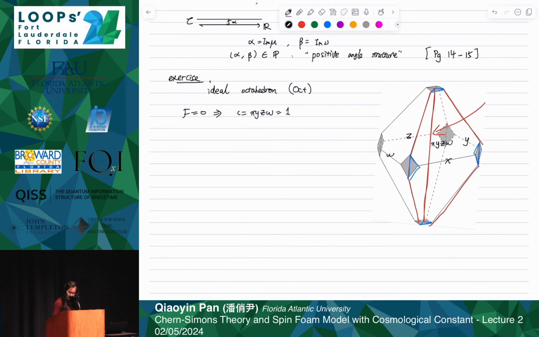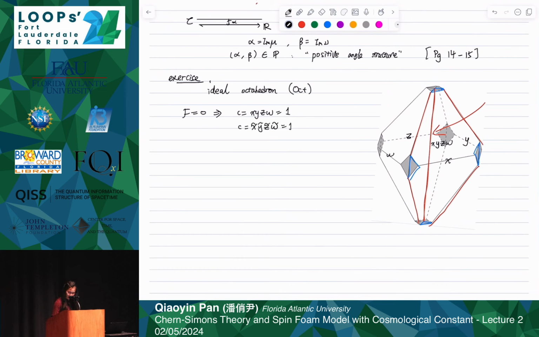I will also have the bar version, the complex conjugate version of it. But since I analytically continue mu to be a complex number, the z bar, if I define it in the same way as before, is no longer the complex conjugate of z. So instead of z bar, I would call it z tilde, also for x, y, and w.